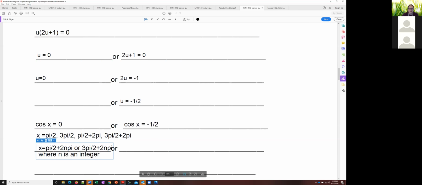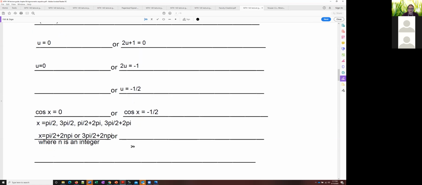Now let's think about cosine of x is equal to -1/2. On our unit circle from 0 to 2 pi, there are 2 different answers. x could be 2 pi over 3, or x could be 4 pi over 3. So those are the answers when x is between 0 and 2 pi.